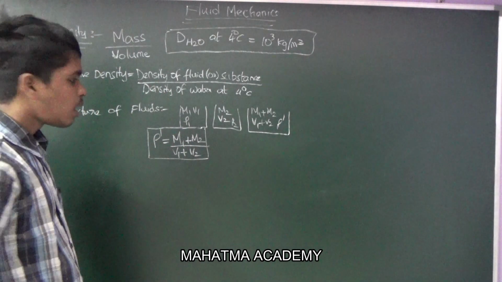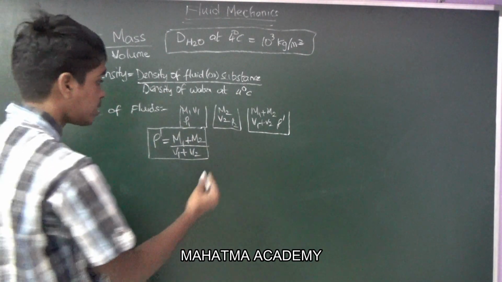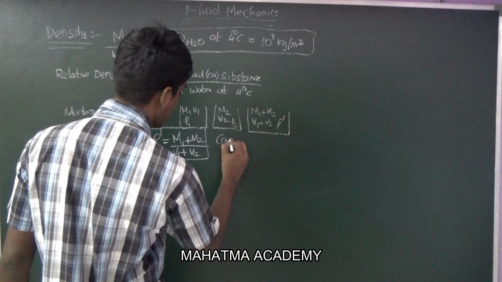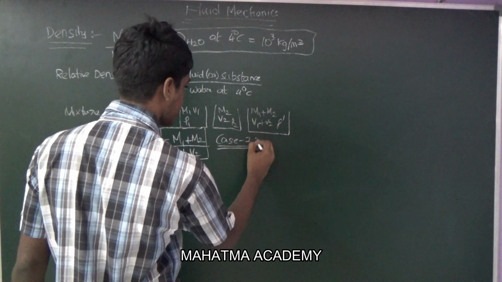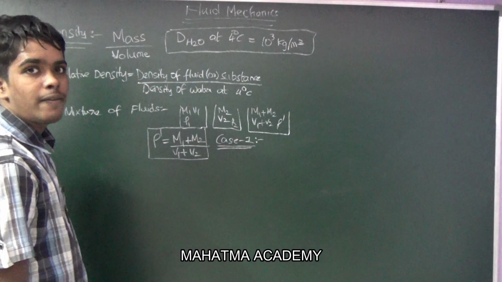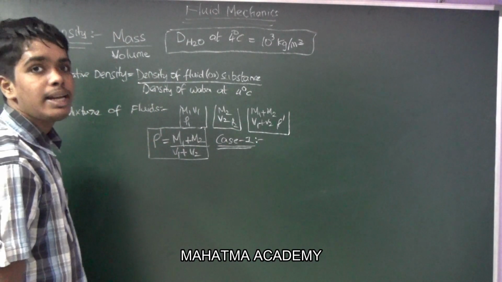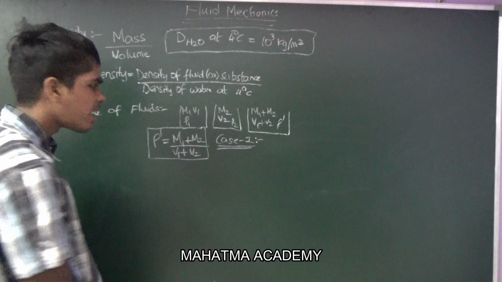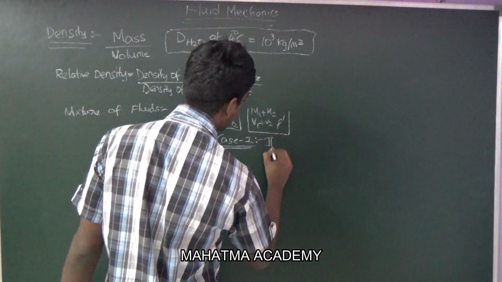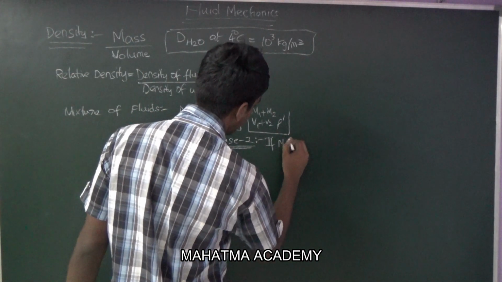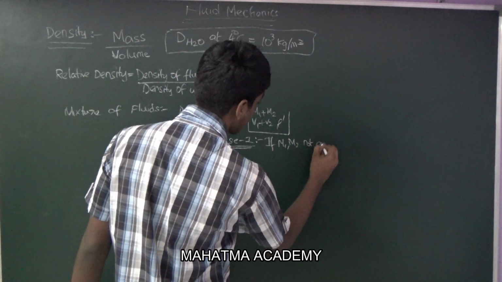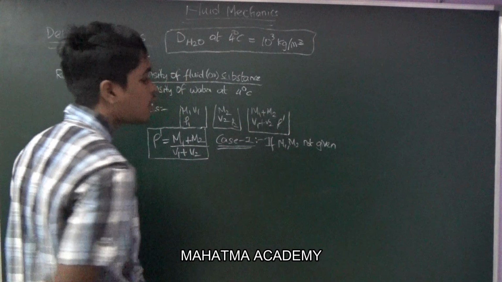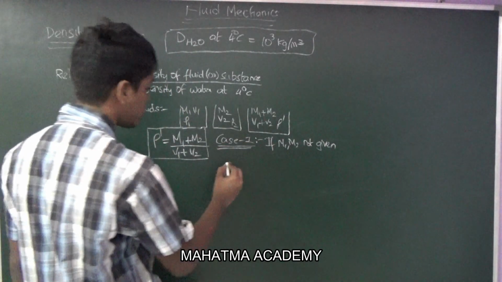Okay, now we have two cases in this. Case 1: if M1 and M2 are not given, then we want to find the ρ dash.